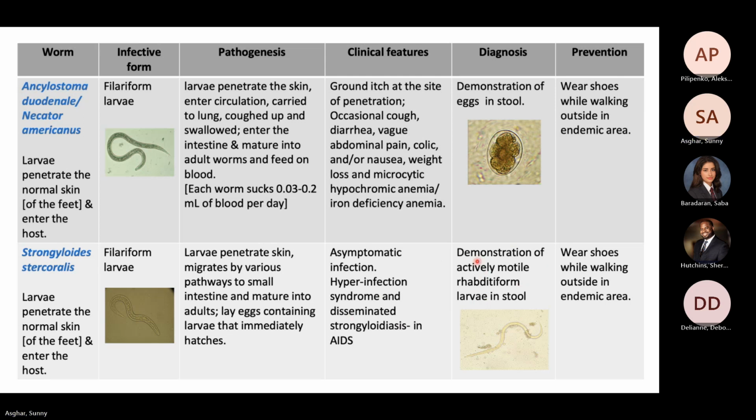The way that we diagnose it is that we're going to see actively motile, meaning moving, rhabditiform larvae in the stool. And again, wear shoes while walking outside in the endemic area.